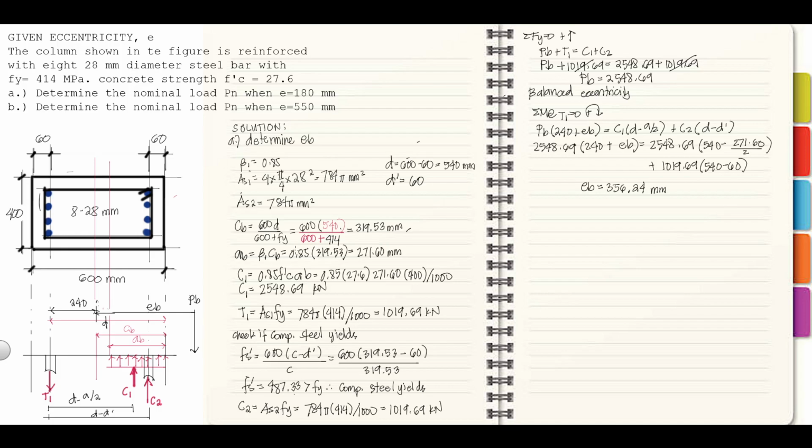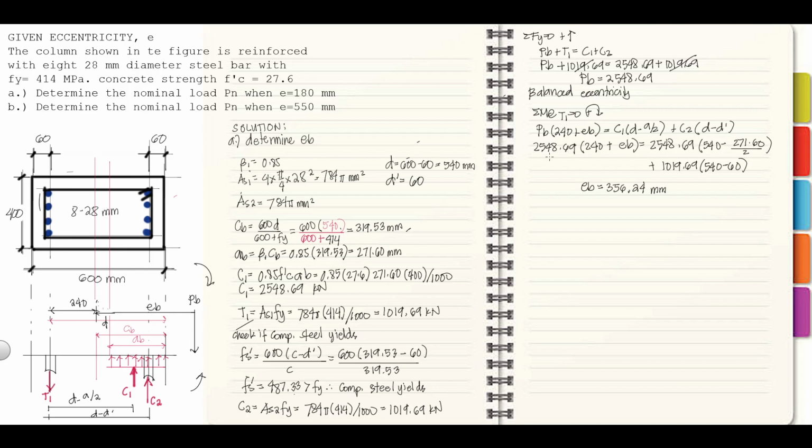Equate natin siya sa moment counter from the moment due to the PB. So yung PB natin is clockwise, so yung mga counterclockwise ilagay natin sa kabila. So, it is equal to moment counterclockwise, that is C1 saka C2. So, C1 times yung moment arm niya, that is D minus A all over 2, and then plus C2 multiplied by yung moment arm niya, D minus D prime.